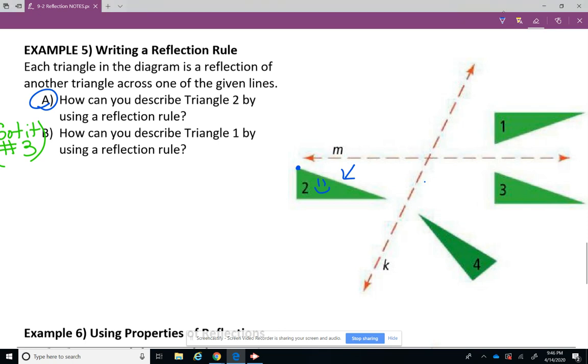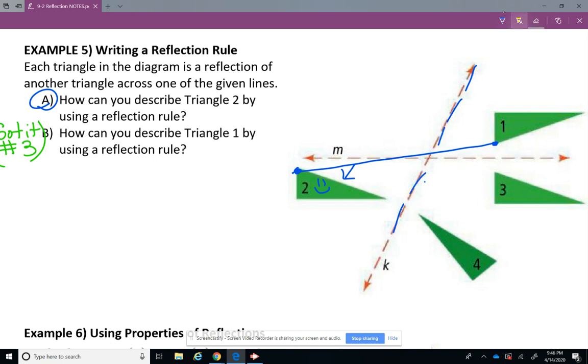All right, let's look at 2 and let's look at 1, because this one looks like it kind of changed. Now, if it was being reflected over line K right here, you would see that it was a perpendicular bisector, and it's not.